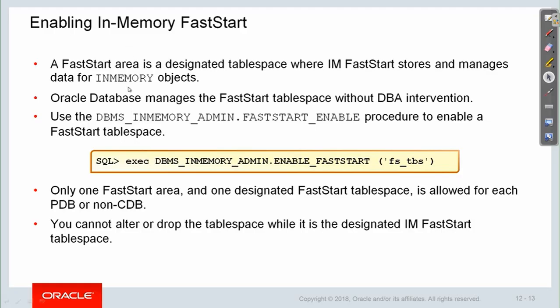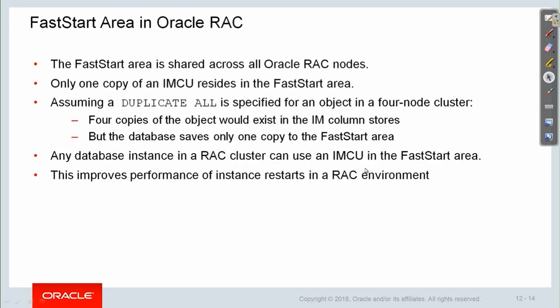To use this feature, we use DBMS_INMEMORY_ADMIN.ENABLE_FAST_START, and we provide the tablespace name. So this tablespace will be defined as the fast start area, and the in-memory columnar format of the data is written to this location when you shut down the database instance. And the fast start area is shared across all RAC nodes.